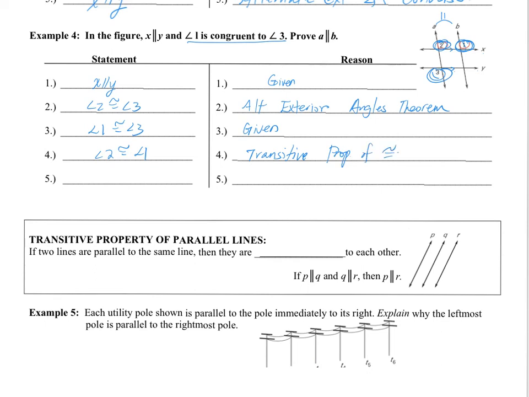And now that I proved that angle 2 is congruent to angle 1, I can state that A is parallel to B by the corresponding angles converse, which is the opposite of the corresponding angles postulate.